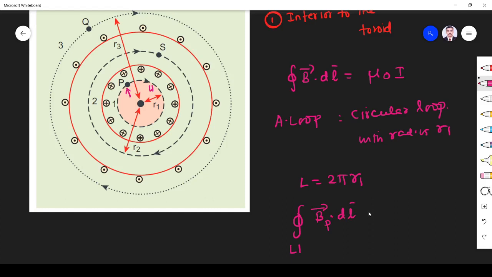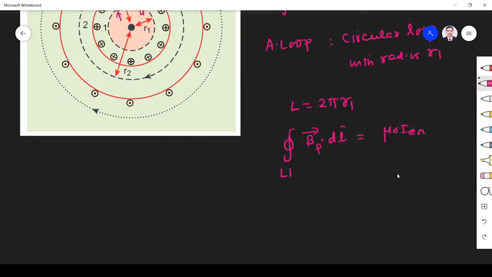BP dot dl is equal to mu naught I enclosed. Instead, if you put H dot dl, dividing by mu naught, B by mu naught is equal to H. So both are the same only. So HP dot dl is equal to I enclosed. This is Ampere's circuital law.